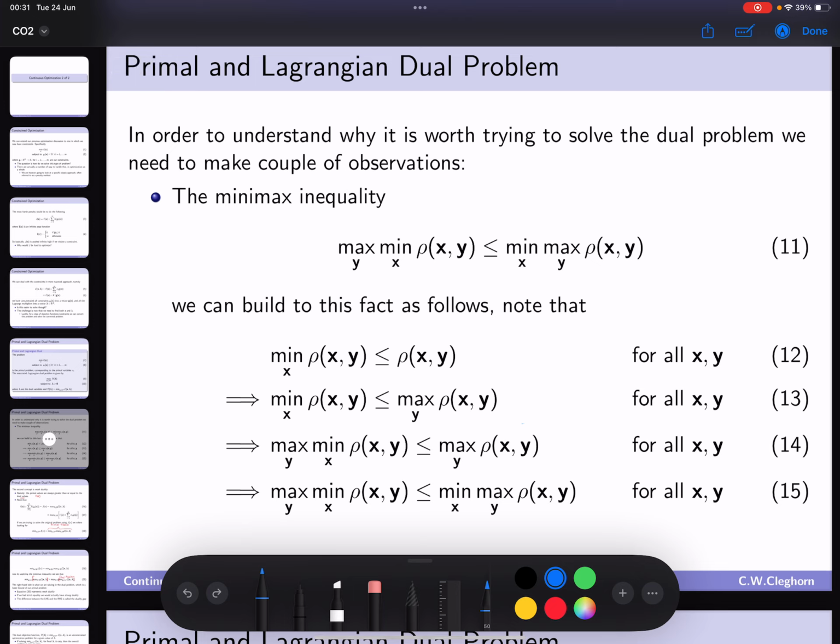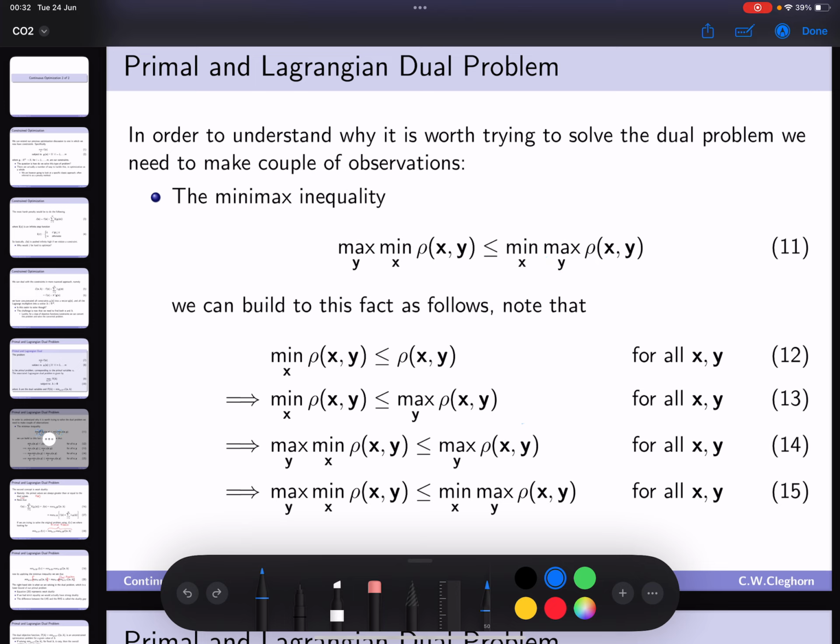In order to understand why it is worth trying to solve the dual problem, we need to make a couple of observations. The first is called the min-max inequality, which says if I have some function rho of x and y, two variables, then if I first minimize with respect to x and then maximize with respect to y, that's always going to be less than or equal to first maximizing with respect to y and then minimizing with respect to x.